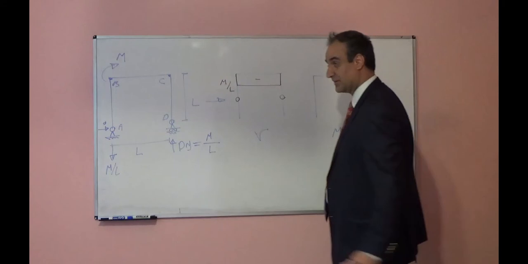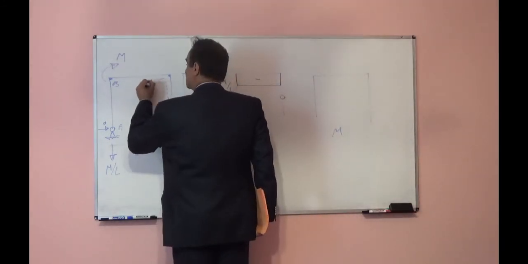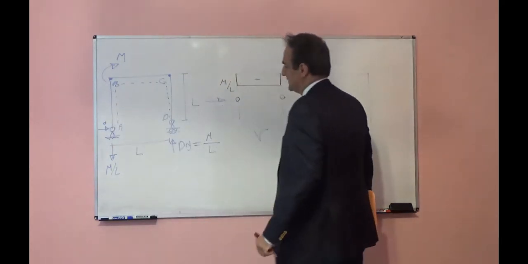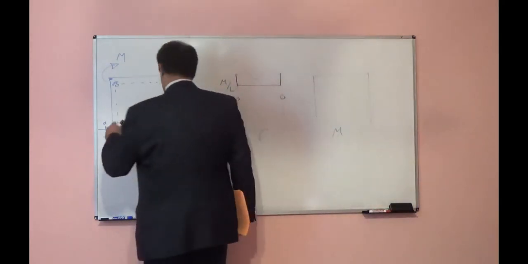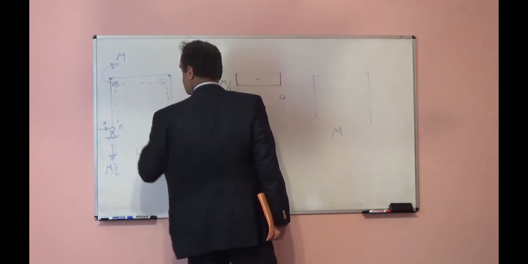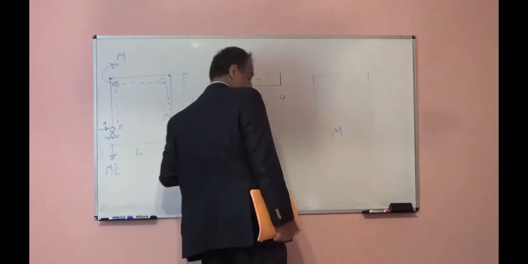About the moment diagram, again, I will put a dashed line inside of the frame. So let's look at joint A. Joint A is hinged, there is no moment here, so it is 0. If I move from A to B, just before B, if I cut it, there is no force perpendicular to this member.